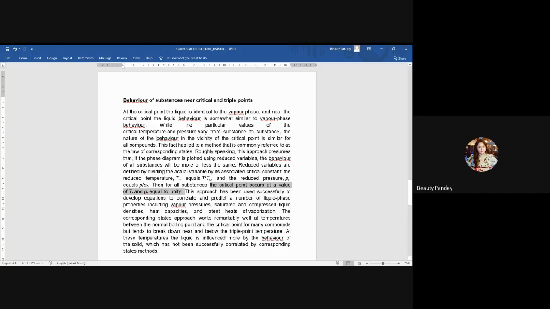So what I was saying is that although the values of critical constants of temperature, pressure, and volume may be different for different substances, how they behave at the critical point is the same.